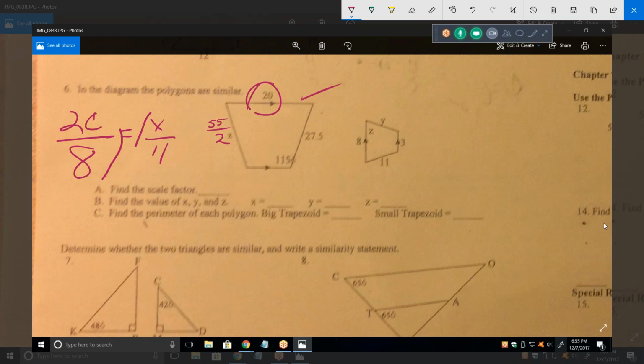Take two corresponding sides, make them a ratio. That's our scale factor. Okay, so let's solve for y.